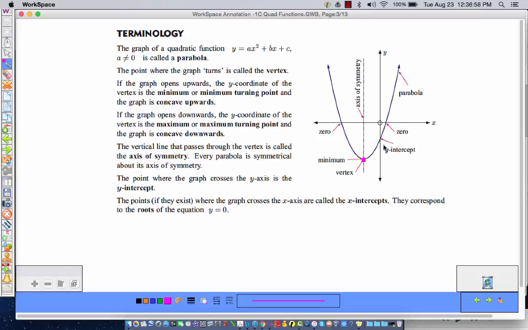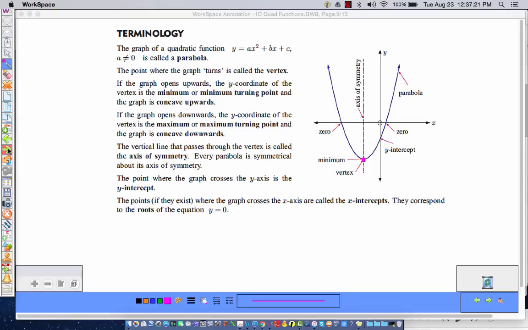Y-intercept, you should already know. It's where any graph cuts the y-axis, and your x-intercepts are where the graph cuts the x-axis. We call them zeros. They also give us solutions to the quadratic equation that is the graph.